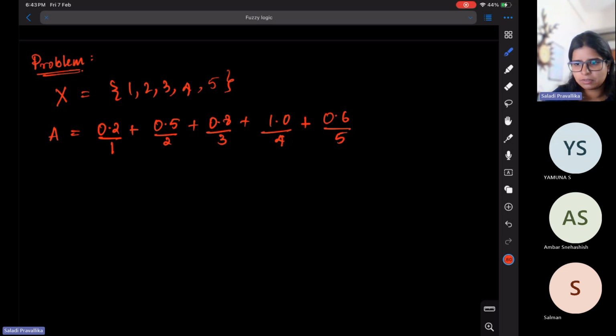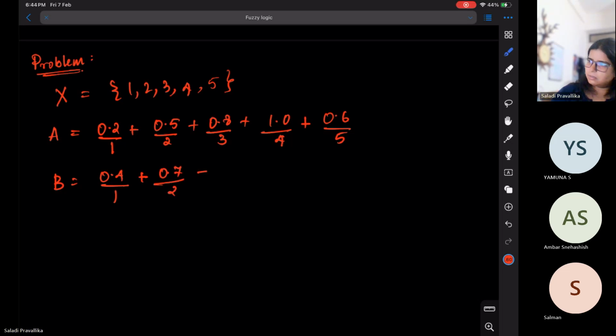Please note it down simultaneously. Again, I'll not come back for the same question. Set B is 0.4 by 1 plus 0.7 by 2 plus 0.3 by 3 plus 0.9 by 4 plus 0.5 by 5.